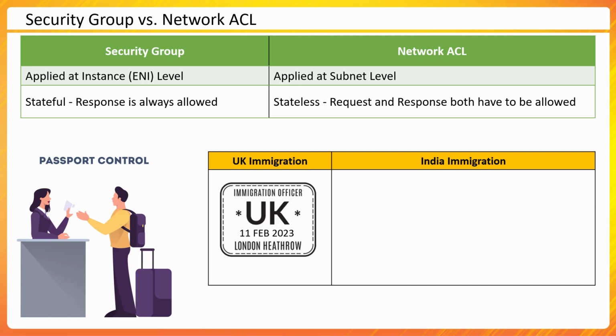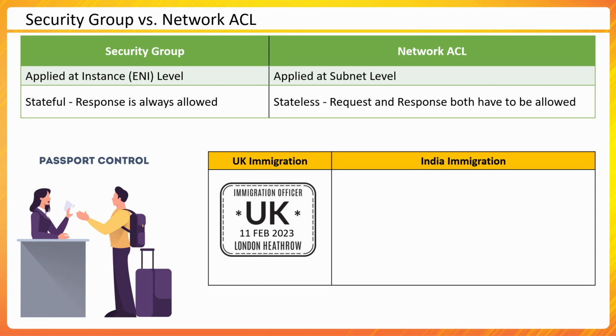So when you land at any of the airports in the UK, you would go through an immigration officer. They would verify your documentation and then they will allow you in. While you go out, while you are leaving the country, there is no immigration check required. You could just get your boarding pass and then board the plane and go out, that's all.